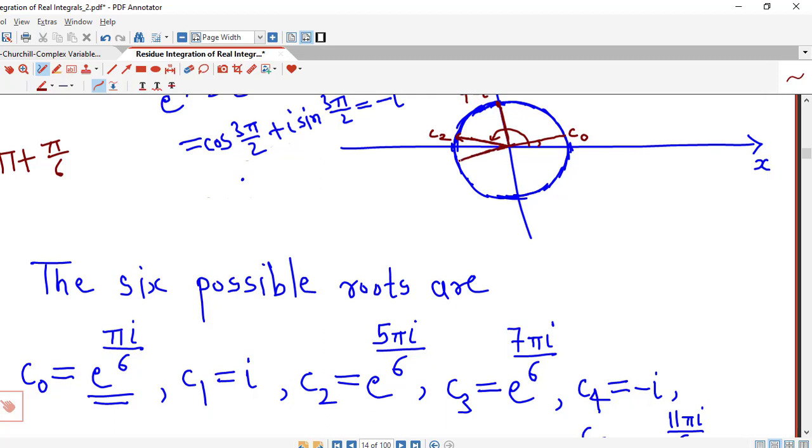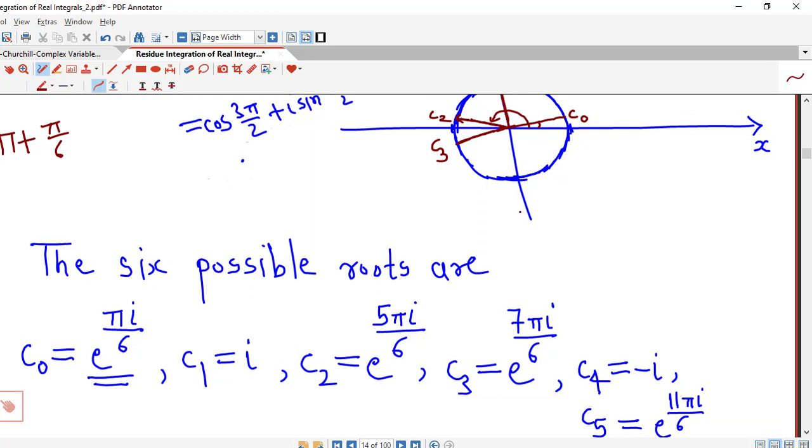So location of C3 will be here in the lower half plane. C4 is minus i, so it will be here, and 11 pi by 6 can be written as 2 pi minus pi by 6. So 2 pi minus pi by 6 means it will be somewhere here. This is going to be C5.